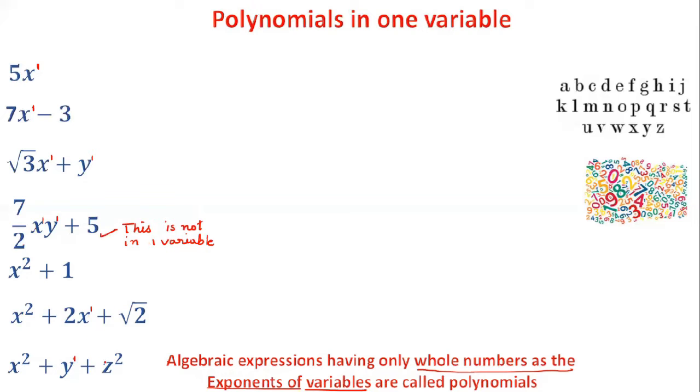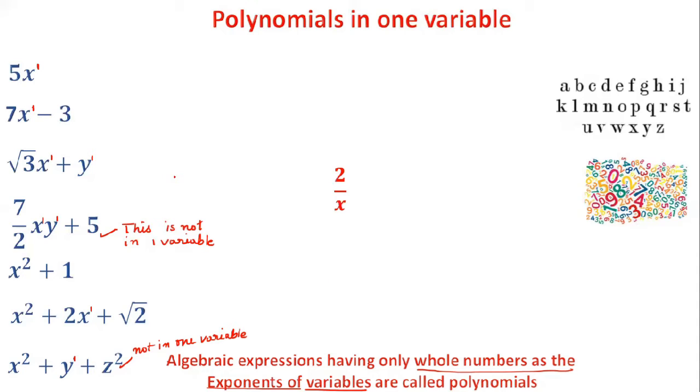Powers are whole numbers. But the fourth one and the last one are not in one variable. But they have whole numbers as the exponents. Therefore, these are all polynomials, but the fourth one and the last one are not in one variable.